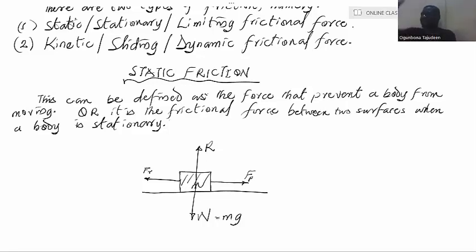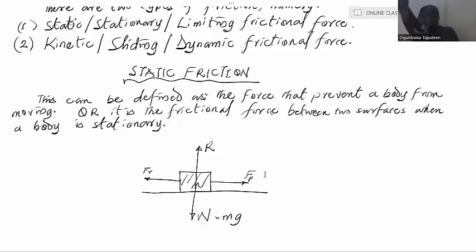We won't move. So at that point, as one side is increasing, the other one is increasing, until it gets to the limiting level, the maximum level. That is the limit you can go, and that is why it is called limiting frictional force.